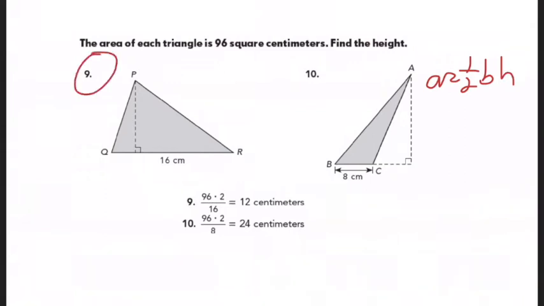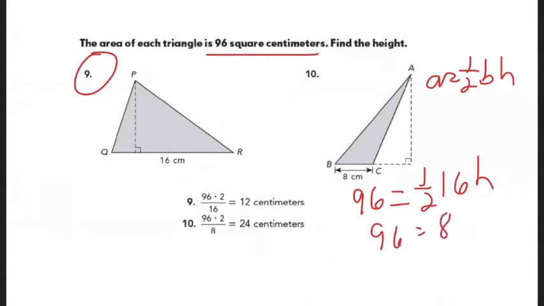For number 9, fill in what you know. 96 is the area, times 1/2 is 16 is the base. The height I don't know. So it's 96 equals 8h, divided by 8, divided by 8, and you get 12. It's the same thing for number 10, how you solve it. That answer is going to be 24.